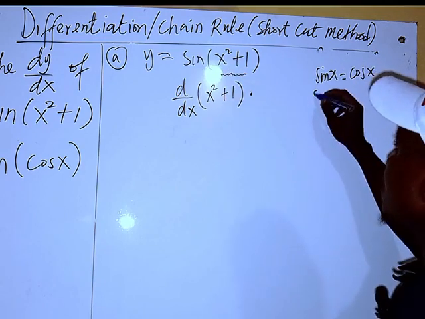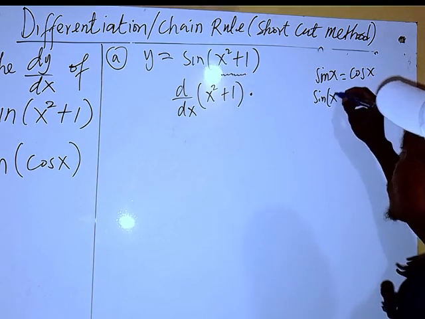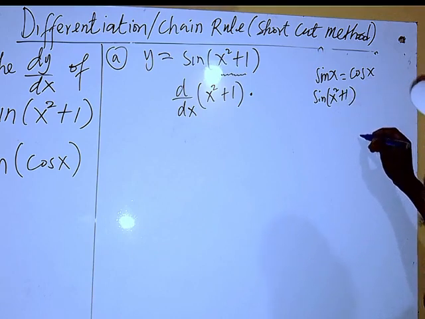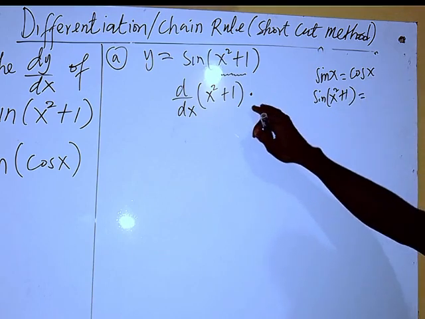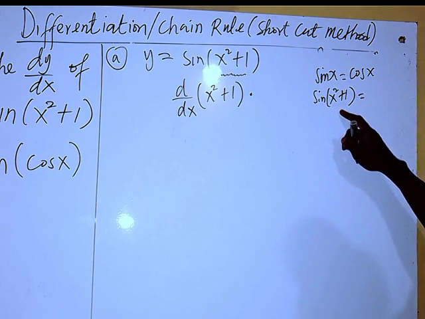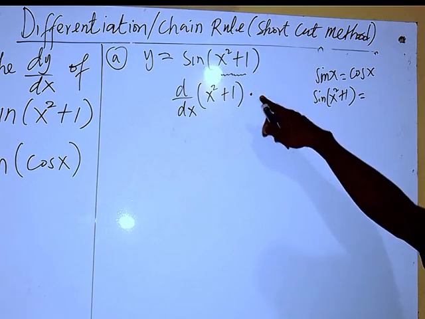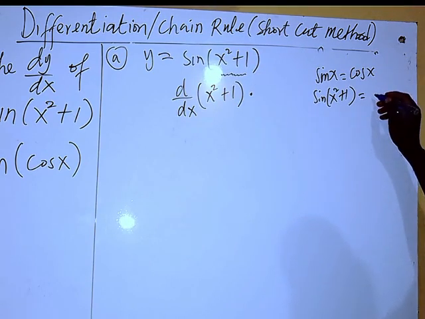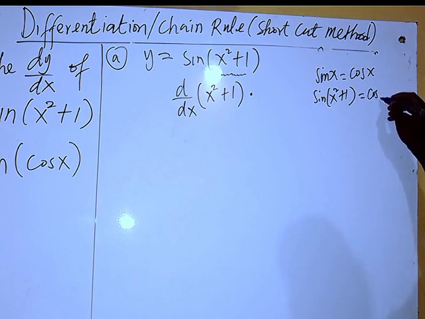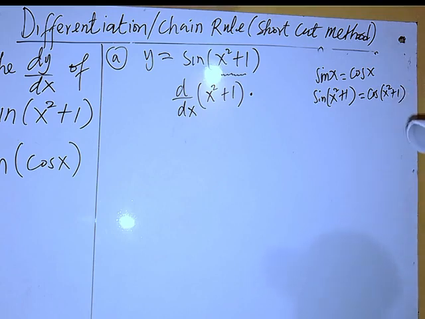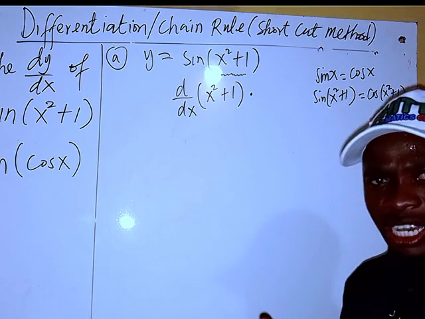But here we have sine of (x squared plus 1), right? If you want to find the derivative of this one, according to what we are doing here, this is going to be cos of (x squared plus 1). Are you getting what I'm saying?